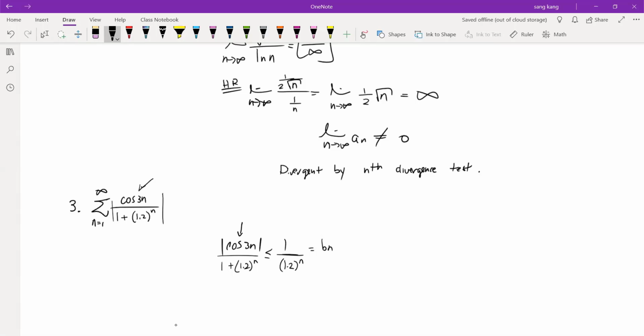So at most, this was 1. So even when we're looking at the biggest possible case for this cosine 3n, we have this extra 1 term that we're adding to the denominator. So it drives your entire fraction smaller. So your bn is always going to be greater.